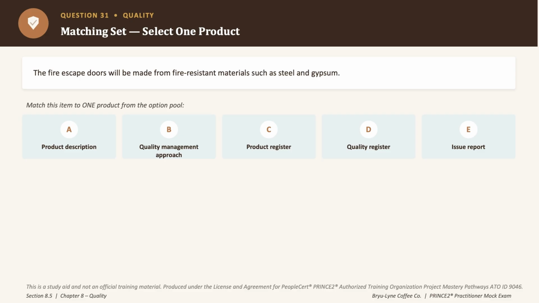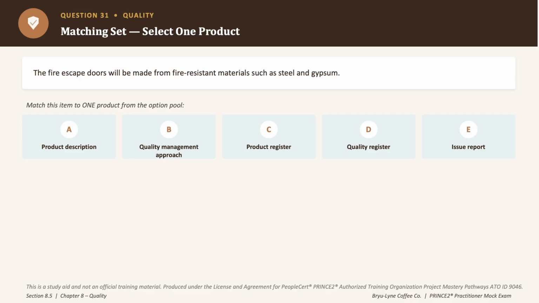It's not the quality register that records the control activity results like the pass or fail, not material specifications up front, and also there is no test outcome mentioned here at all, right? So it's not the quality management approach either, because that's about standards and procedures applying across the whole project, okay? Not makeup of one specific product.